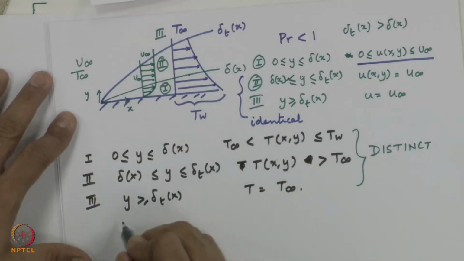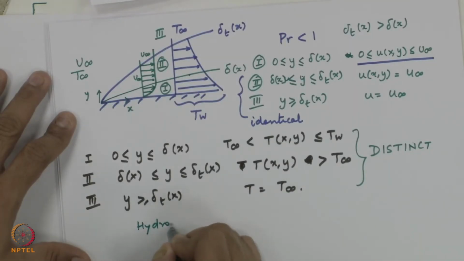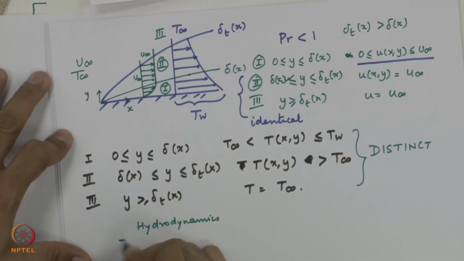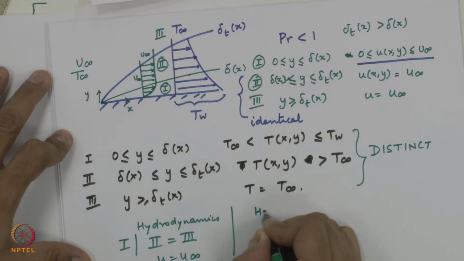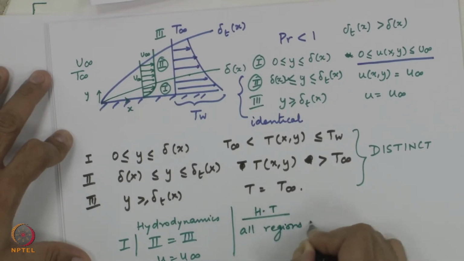Here, hydrodynamics, 1 is distinct, 2 equal to 3, because U equal to U infinity right here. In heat transfer, all regions are distinct.